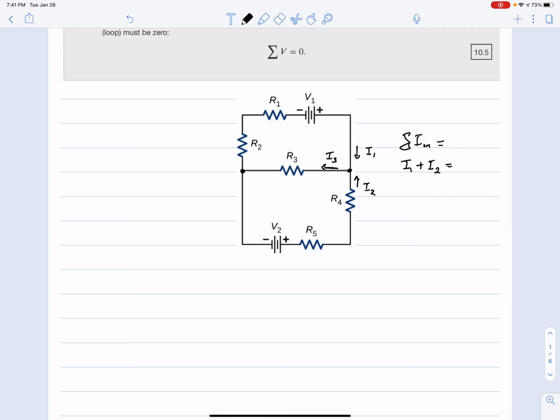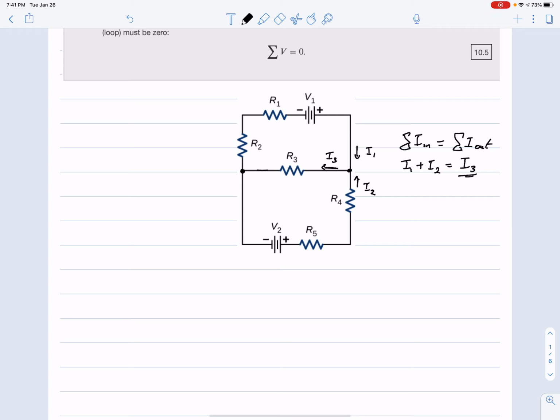But what's coming out is I3. Thus, the sum of everything that comes in is equal to the sum of everything that comes out. The same can be said for this junction right here.